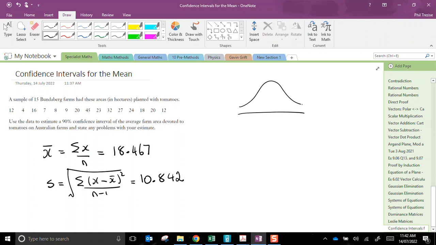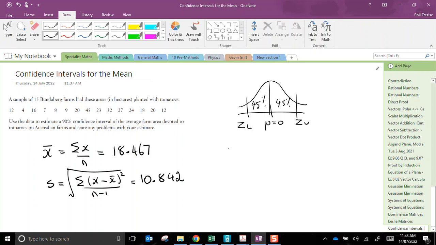So let's for a minute think about a standard normal curve. For a standard normal curve, the mean would be 0. If I want the area between the lower and upper boundaries, so that's Z lower and Z upper, to represent 90%, then this would be 45% on either side, wouldn't it?